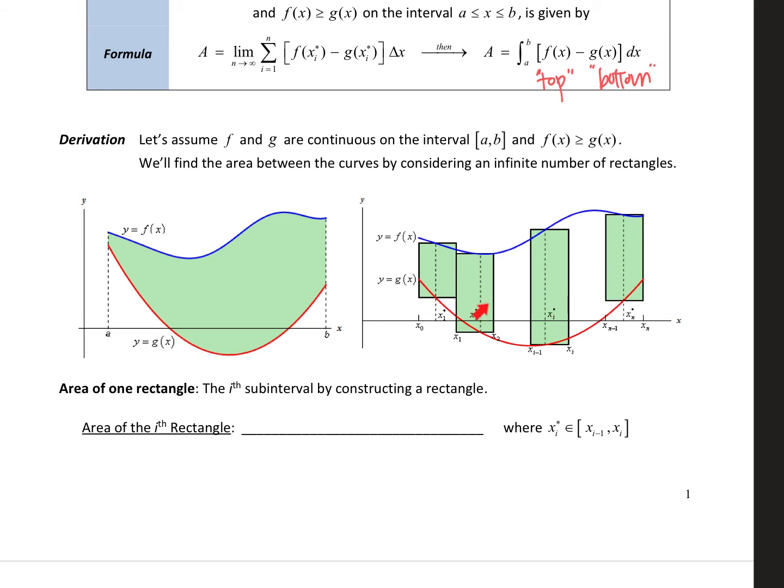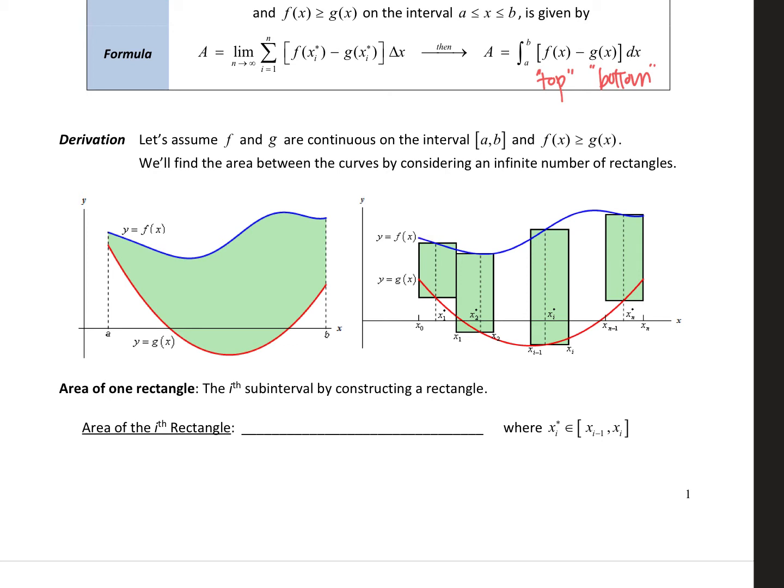If you pick one particular subinterval, the height of this rectangle is from here to here, right? The height of the blue line is f of x. The height of the red line is g of x. The difference between these two curves gives you the height of this rectangle.